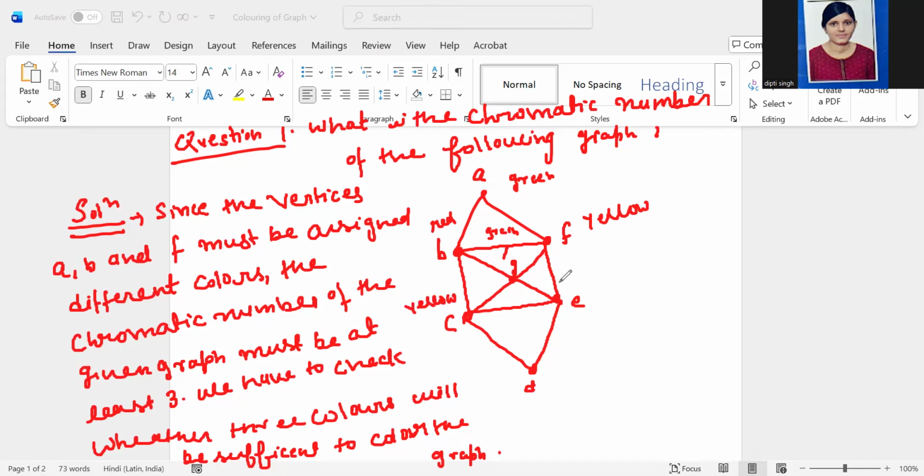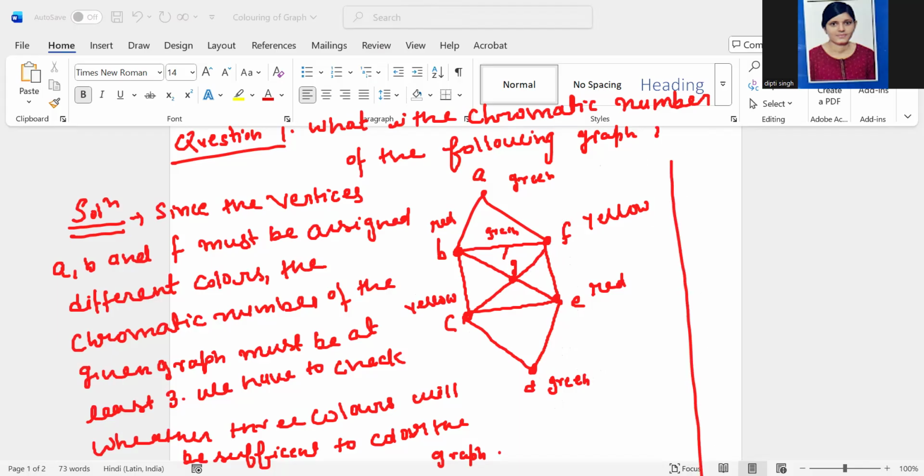Likewise, E is adjacent to F and G, so we cannot color it by green and yellow, but we can color it by red. D is adjacent to C and E, so we cannot color it by yellow and red, so we can color it by green. So this is the way of coloring the graph. Only three colors are needed for proper coloring of this graph, so its chromatic number is three.